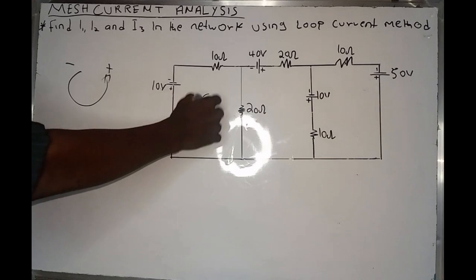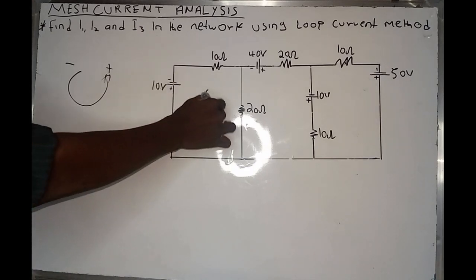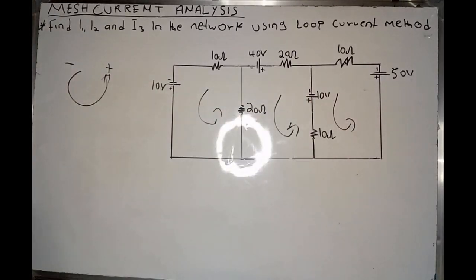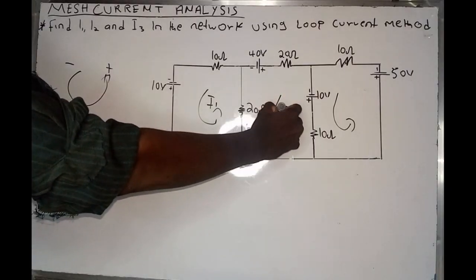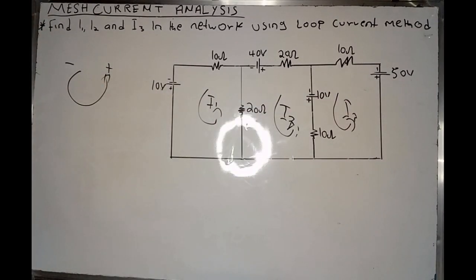Here is a loop, loop 1, loop 2, and we have loop 3. So let's call loop 1 I1, loop 2 I2, and loop 3 I3.